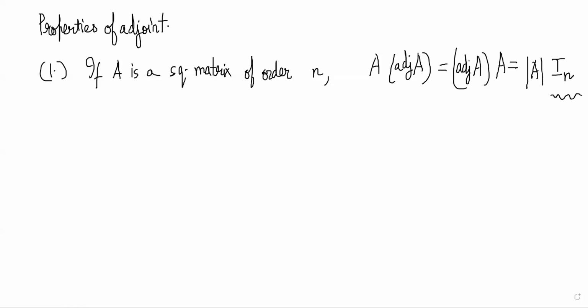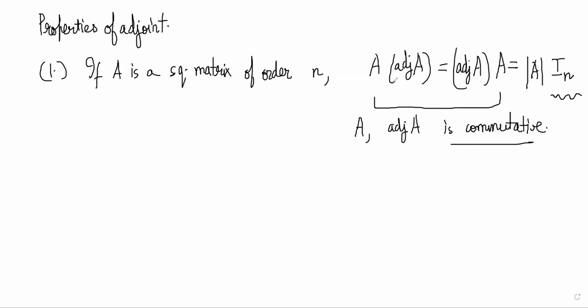So basically this property says that the product of a matrix and its adjoint is commutative. The order of the product doesn't matter. It's same, A adjoint A is the same as adjoint A times A, and both of them are equal to det of A times In.